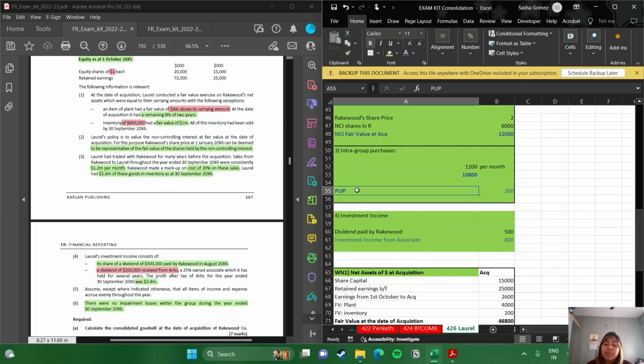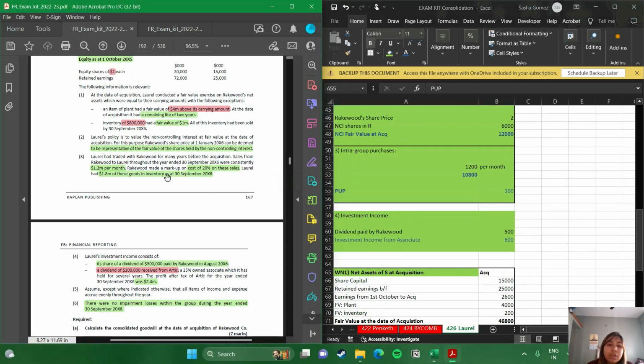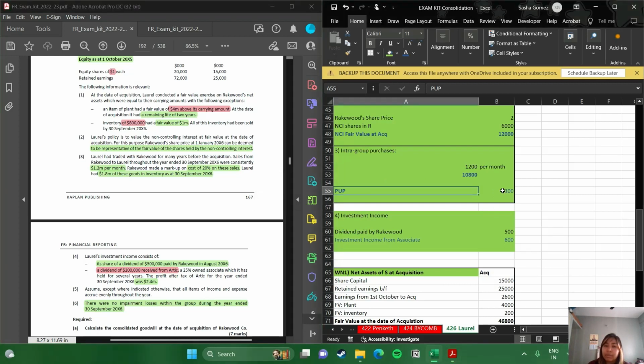Then provision for unrealized profit. So Rakewood made a markup on cost of 20% on these sales. Laurel had 1.8 million of these goods in inventory as at 30th September 2006. So this is very simple. You take the amount of goods left in inventory and you multiply that by 20 divided by 120.